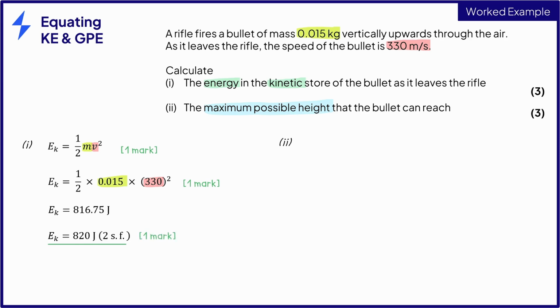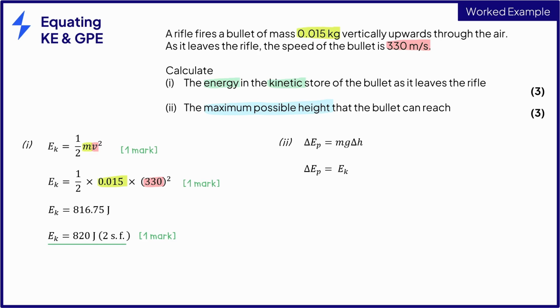For part 2, calculate the maximum possible height that the bullet can reach. We know we're dealing with gravitational potential energy, so we write out the equation. There's no mark for that this time, but often there will be, so never skip that step. The key here is to recognize that for a small object like a bullet, air resistance would be negligible, and therefore the energy transfer between the kinetic and gravitational potential stores can be assumed to be 100% efficient.